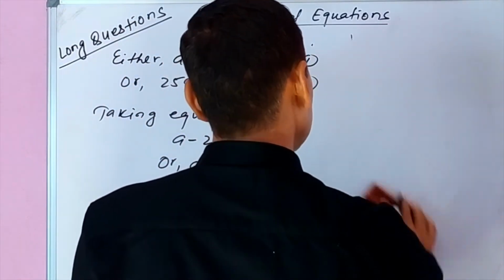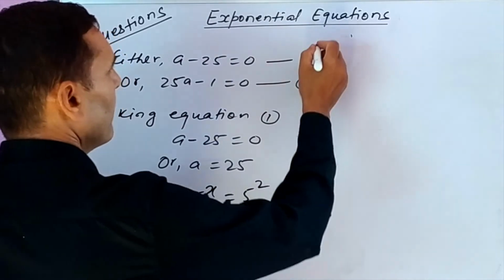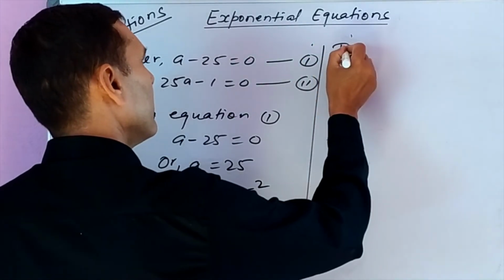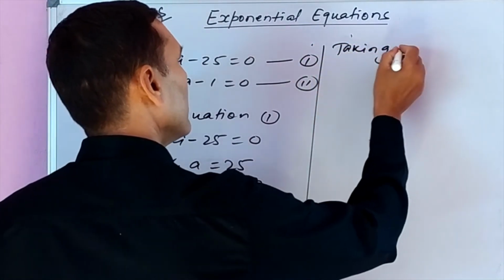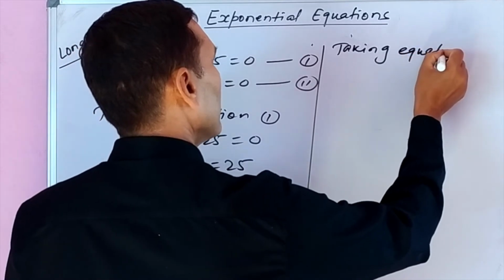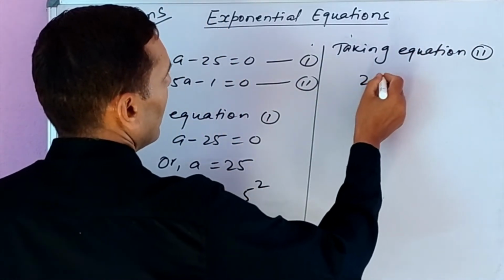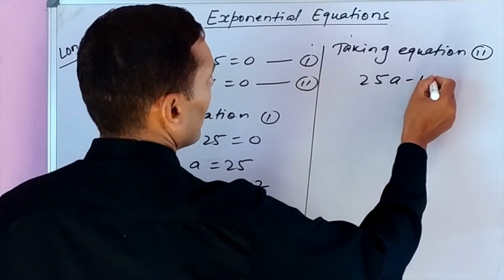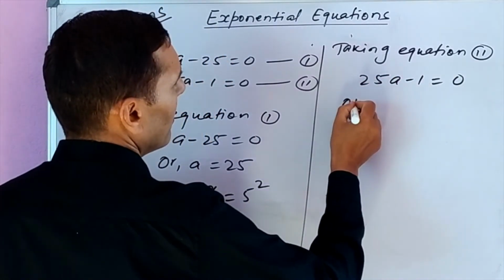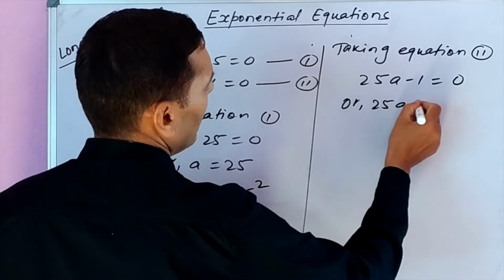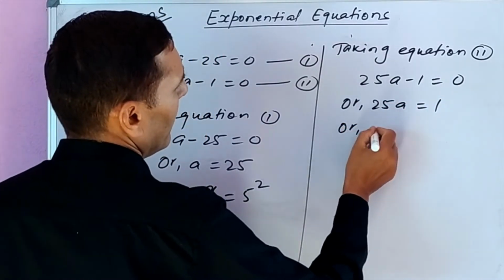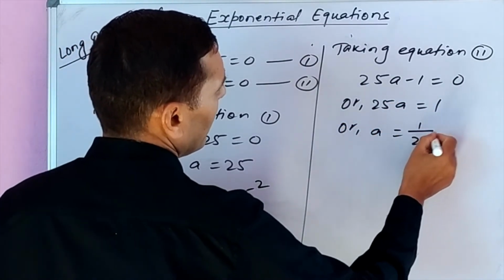Similarly, taking equation 2, our equation 2 is 25a minus 1 is equal to 0, or 25a is equal to 1, or a is equal to 1 upon 25.